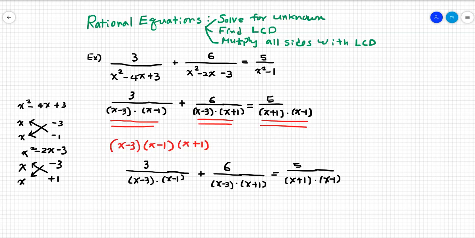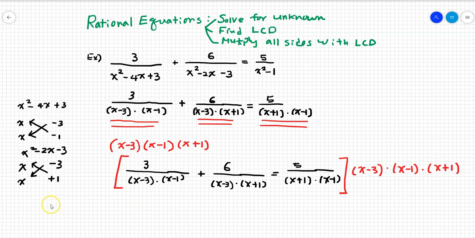So we are going to multiply the entire equation, everything, by that LCD, x minus 3 times x minus 1 times x plus 1.